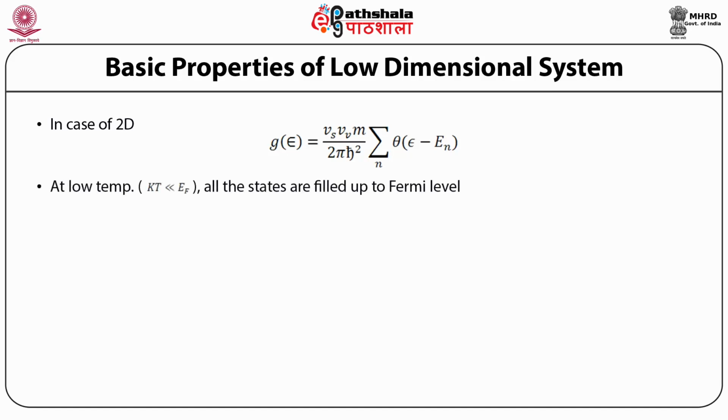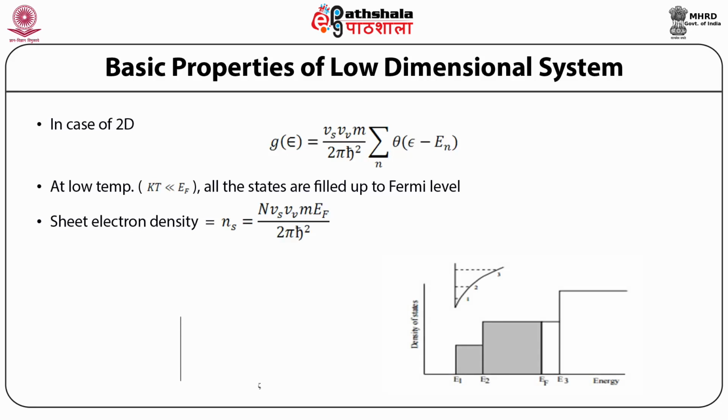So at low temperature, kT is very much less than EF and all the states are filled up to the Fermi level. So the sheet electron density, that is Ns, is equal to N multiplied by νs νv m EF divided by 2πħ².